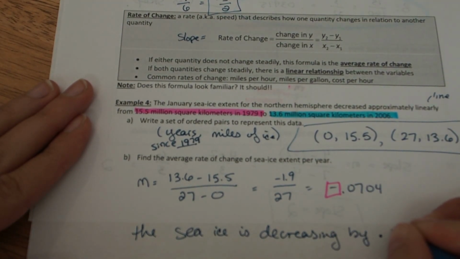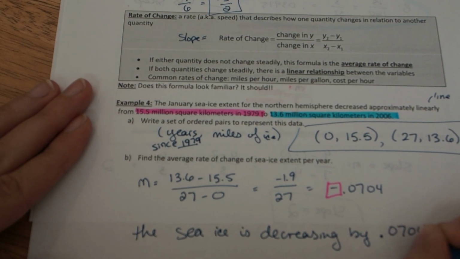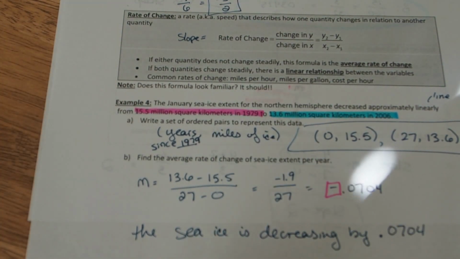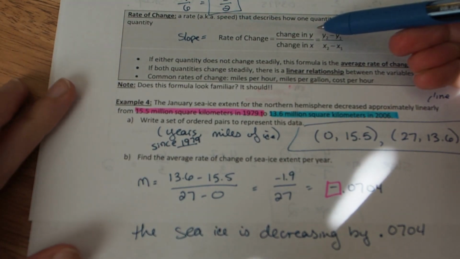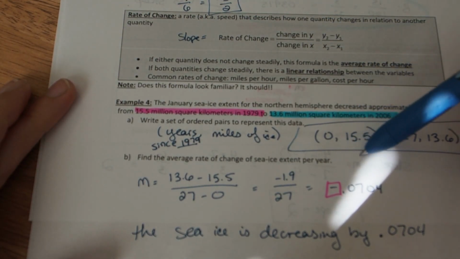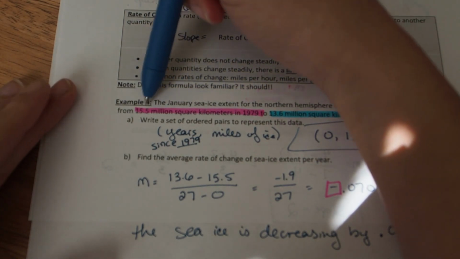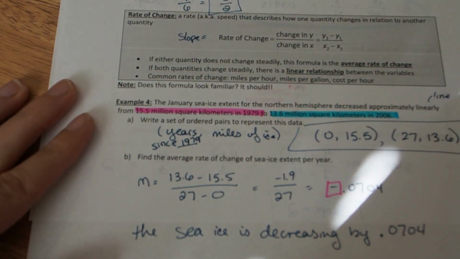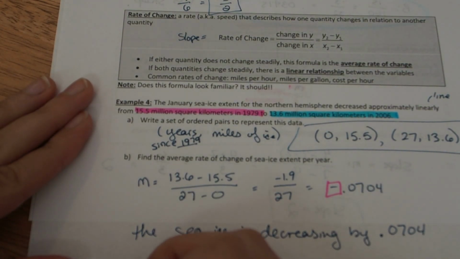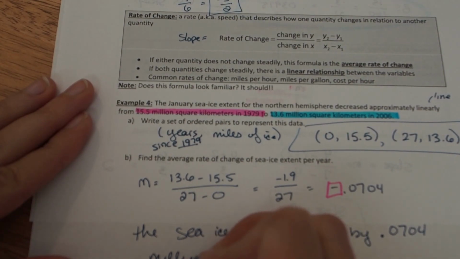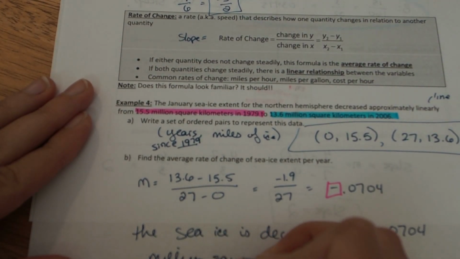So we're going to say by 0.0704, put our units back in. We know this is a ratio of y to x. Y coordinates over x coordinates. So y coordinates come first. Y coordinates had units million square kilometers. So by 0.0704 million square kilometers.